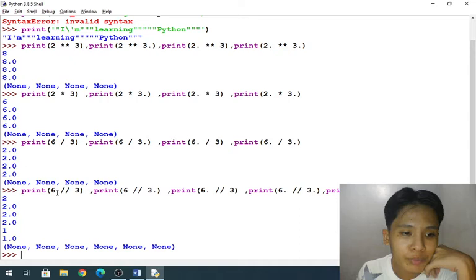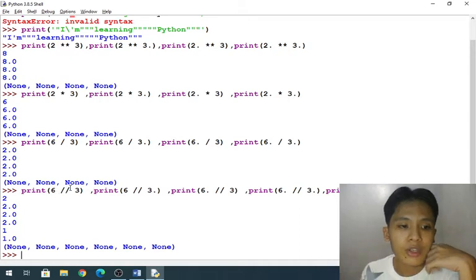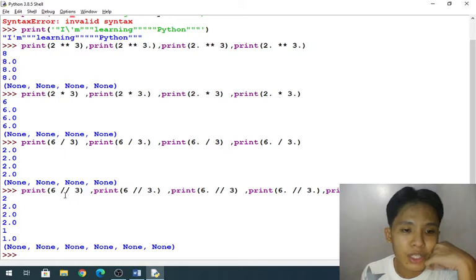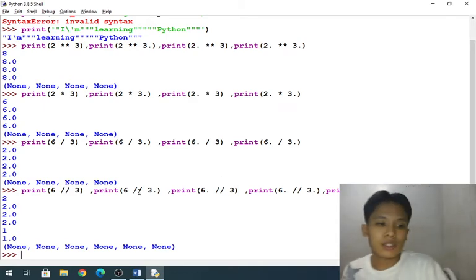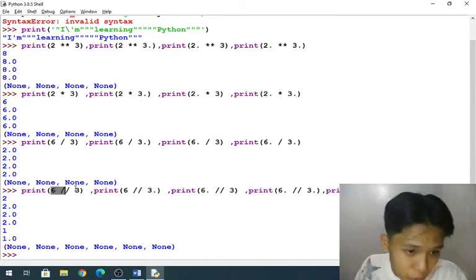So 6 double backslash 3, 6, then 3.6 point, then 3, 6 point, 3, 6, then 4, 6 point, then 4. So we can notice that these two are indifferent, the first and the fifth one.